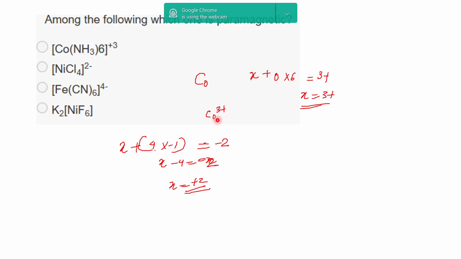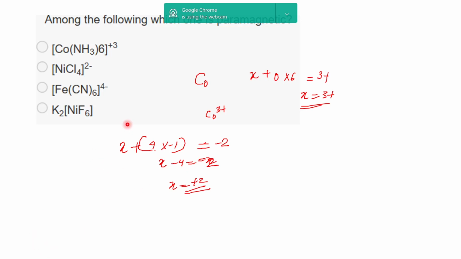Yeah, maybe it is true, but I'm not sure about it. Whenever the metal is in a higher oxidation state, it can act as a strong field. The first one I'll check in the next class and tell you. At least for the rest of the options, I think we are sure. Thank you for noticing.